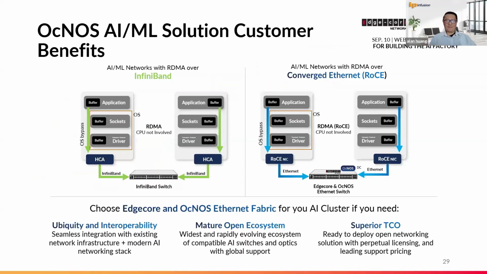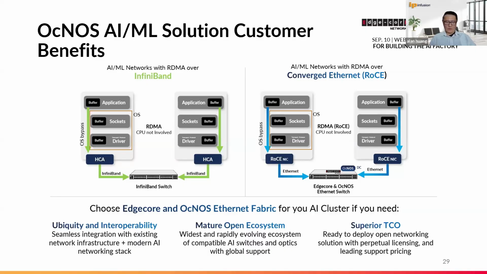Thank you, Sujay. So we have come to the end of the presentation. I just want to spend a few more seconds to highlight the benefits of the joint solution. The IPI OcNOS and Edgecore Ethernet-based open disaggregated networking solution enables customers to leverage ubiquitous Ethernet infrastructure today, while we provide you a clear path to Ultra Ethernet transport in the future.